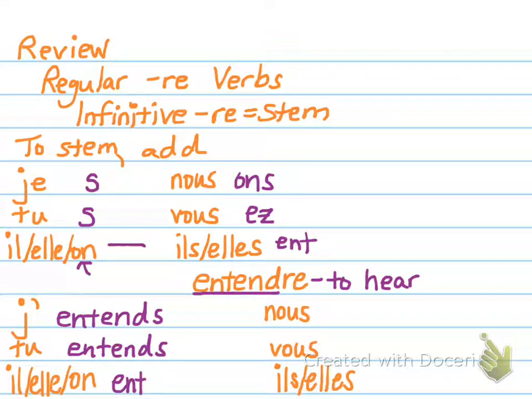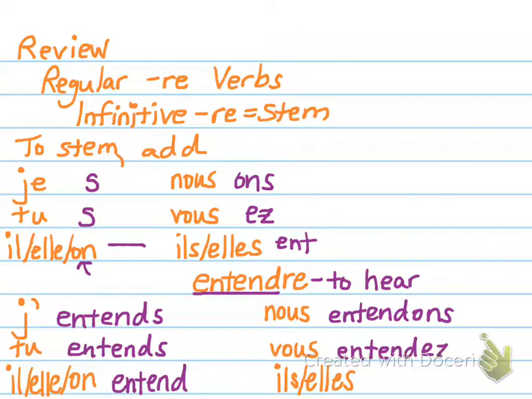Here's my stem, and I don't add anything for il or elle or on. For nous, here's my stem, and I add ONS. For vous, here's my stem, I add an EZ. And for ils and elles, here's my stem, and we add an ENT.